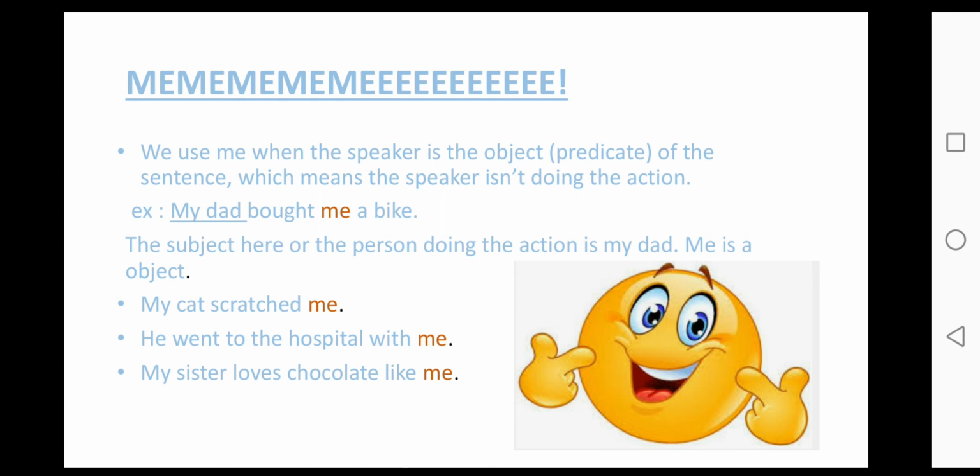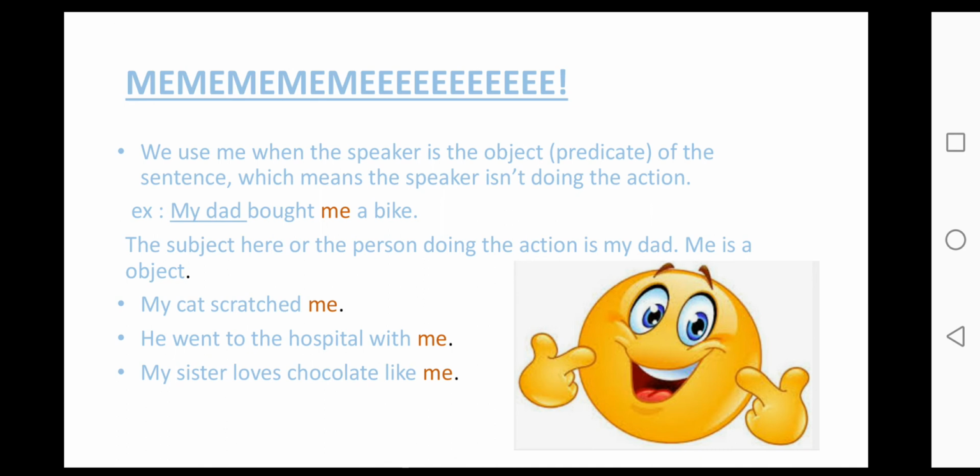So here I am receiving the verb. What's the verb? The dad bought a bike. Buying a bike. Okay, who receives that? Who got the bike? Me.